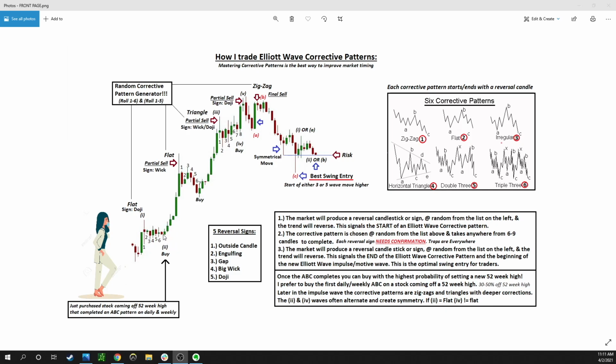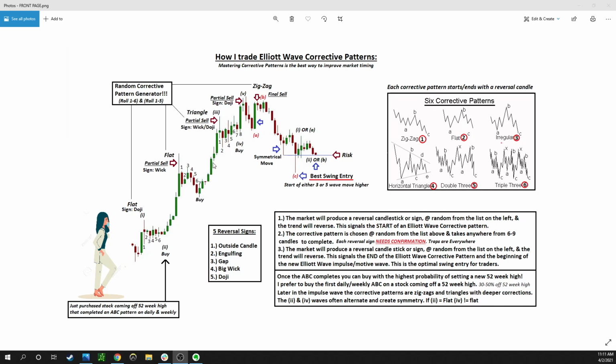Wave 3 went for 1, 2, 3, 4, 5, 6, 7, 8 candles. This then put in another sign of a reversal, this big wick. We have an ABC correction, which took 7 candles. And then another wave 3 ascent.